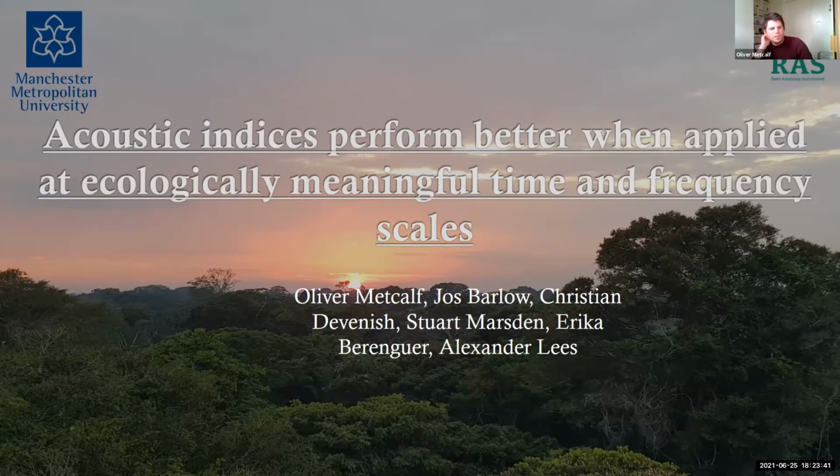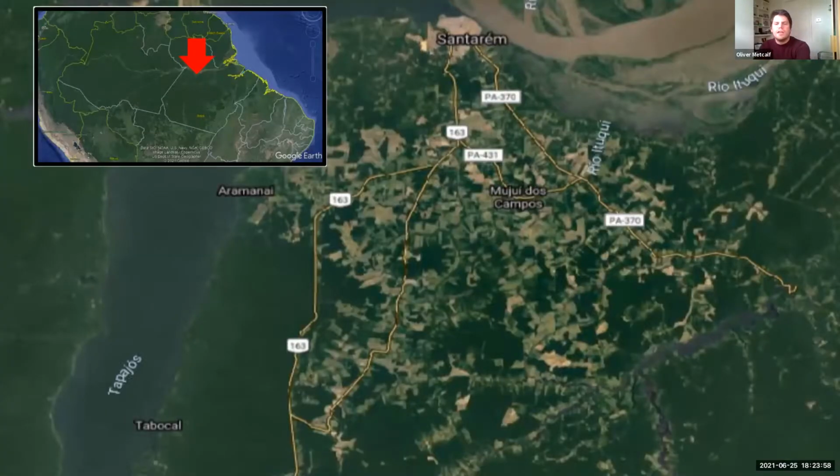It's quite a methodological presentation, so I thought I'd first present a little bit about the conservation and research context that the work is happening in. We're part of the Sustainable Amazon Network, who are based in the Brazilian Amazon. My research area is in Santarém, which is in Eastern Amazonia.